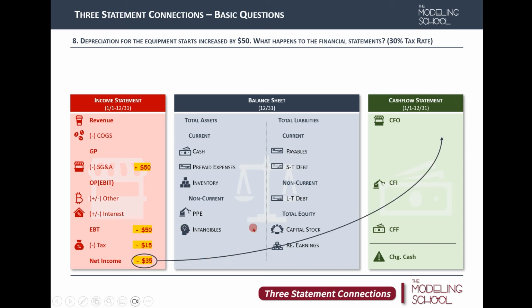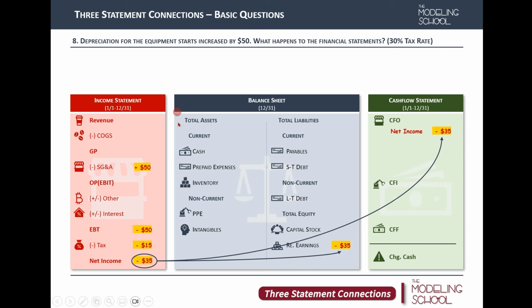According to our formula, the cash flow statement will start from negative 35. And according to our formula, retained earnings is down by $35. So up till here, it's fairly simple.